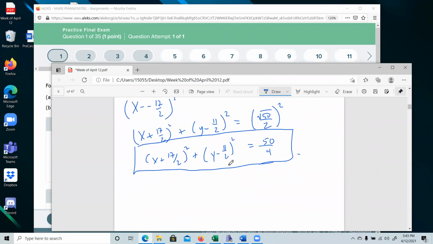So there should be easier numbers. Hopefully I will come up with ones that are not quite as many fractions. Okay, and then we'll go with that. Maybe we could do this. Okay, 20 over 2, 25 over 2. Okay, but that's our values there. Okay, so that was a good problem.